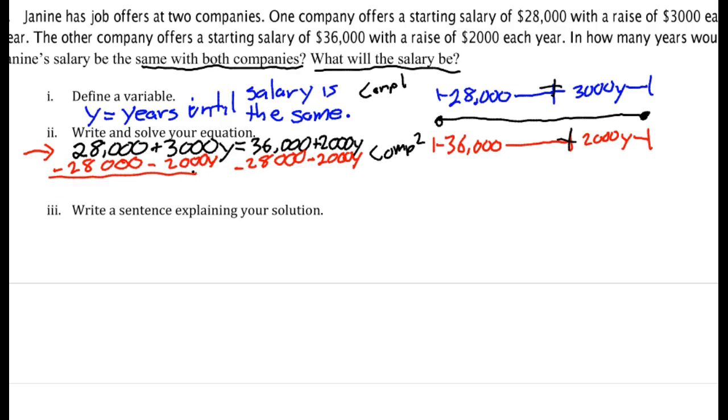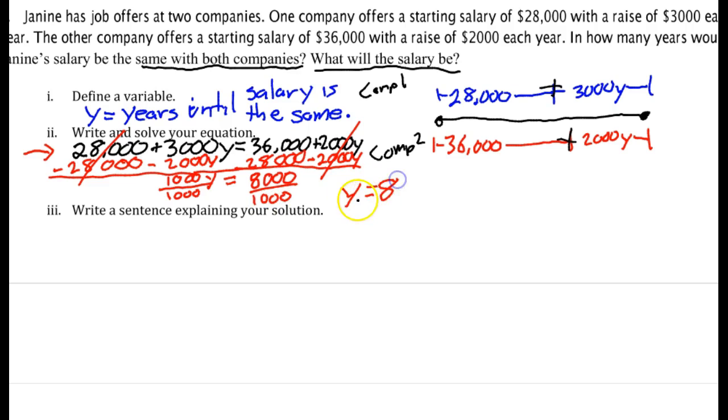That cancels the variables out on the right, numbers out on the left. I have 3,000 minus 2,000, which is 1,000. And 36 minus 28, which is 8,000. And dividing both sides by 1,000, 8,000 divided by 1,000 is 8.